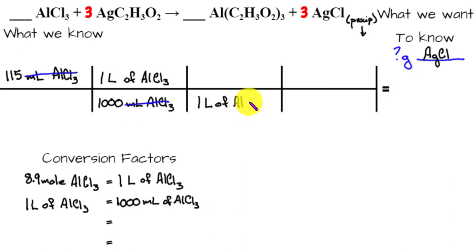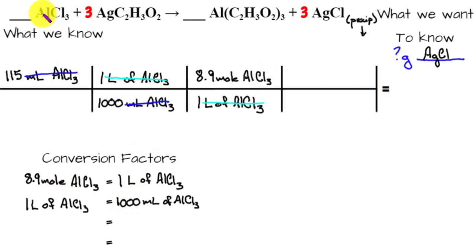Our aluminum chloride is 8.9 moles of aluminum chloride. And I do that so that liters of aluminum chloride cancels with liters of aluminum chloride. Alright, so now I'm in mole town.